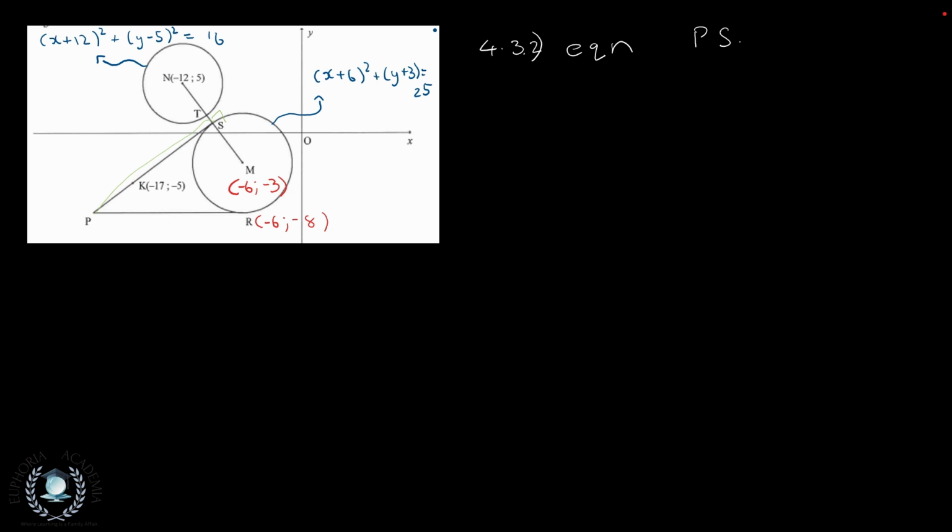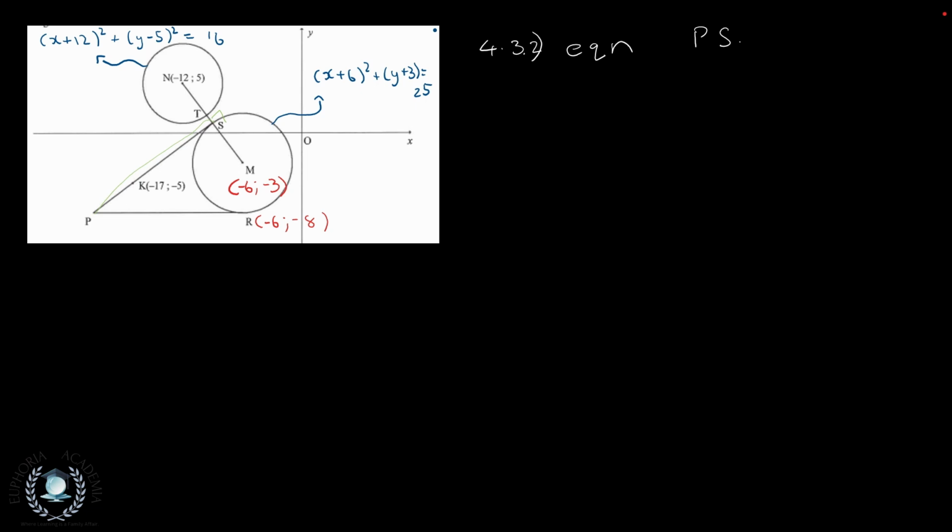perpendicular. So that means the gradients of PS as well as NM, when you multiply them together, they're going to give us a result of minus 1. We already know how to get there.